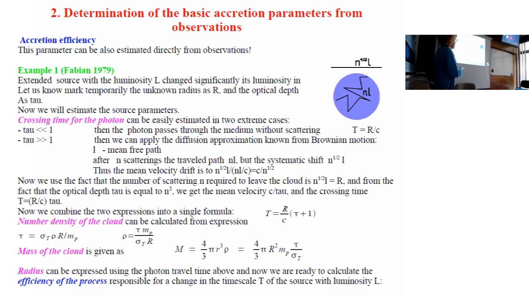Let's say this is a kind of cloud which emits photons. The average luminosity is L, but it changes significantly. Let's assume that we measure this significant change which happened in a certain time scale. Like, let's say, luminosity changed by a factor of 2 in 1 day. And he showed that it's possible to use that immediately to calculate the accretion efficiency.